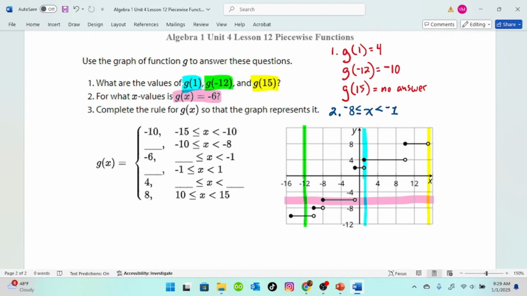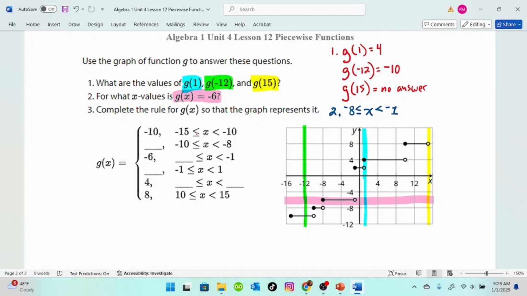So first we have x from negative 15 included because it's less than or equal to, negative 10 not included because it's only less than, and it has an output of negative 10, and that's this bottom line that we see.